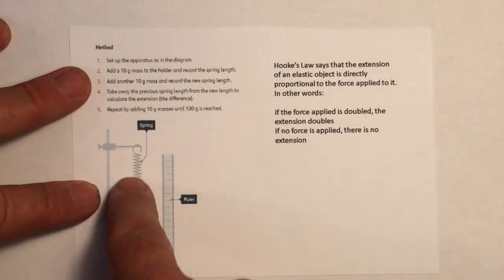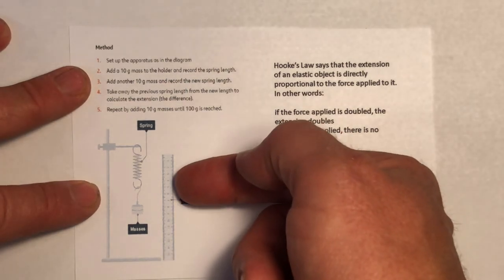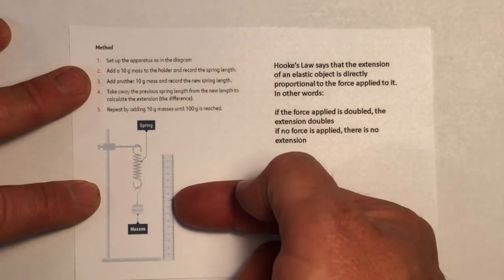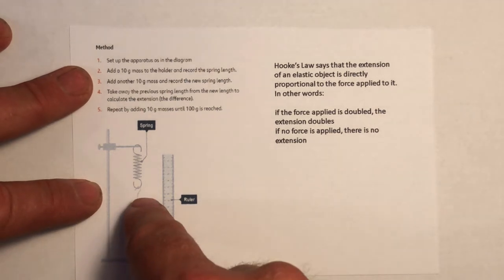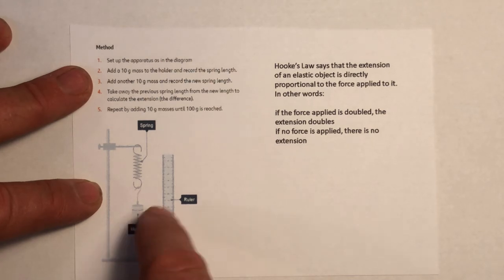So you've got your spring, you hang 10 grams on it, and you can work out how much it has extended going from no grams to 10 grams. If you then add another 10 grams, the force doubles, and based on Hooke's law, the extension should double. Okay, so that's what Hooke's law is saying.